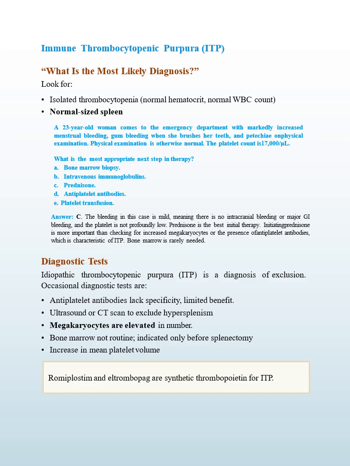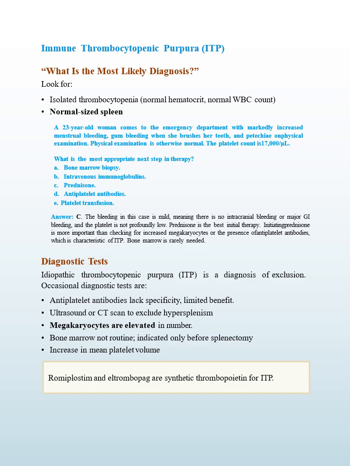Platelet count is 17,000. The question asked is, what is the most appropriate next step of therapy? A, bone marrow biopsy. B, IVIG. C, prednisone. D, antiplatelet antibodies, and E, platelet transfusion.